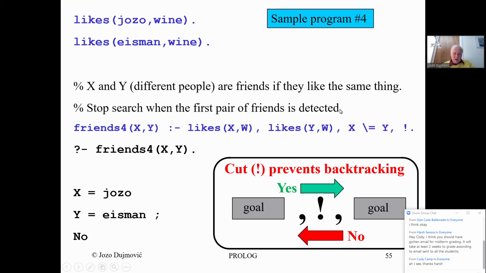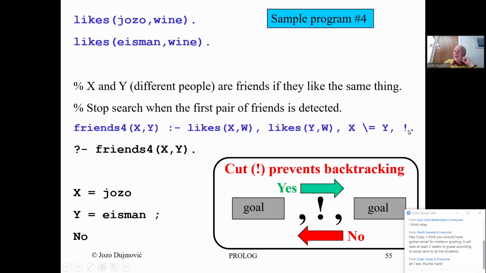Now, you know that we had this result that likes Yozo-Wine and likes Eisman-Wine is giving you two solutions, Yozo-Eisman and Eisman-Yozo. Now, you can eliminate this duplicate solution by saying friends are x and y: x likes w, y likes w, and x is different from y.